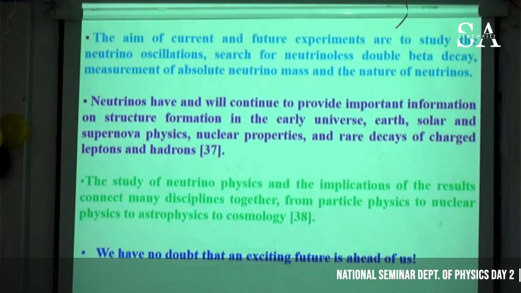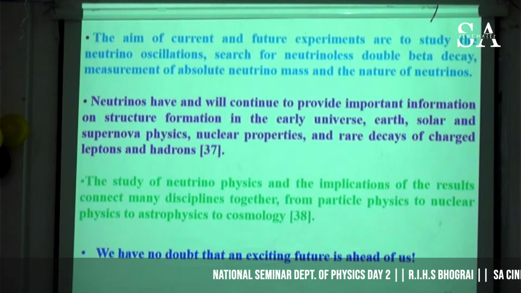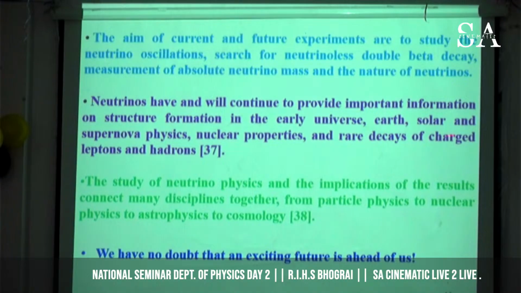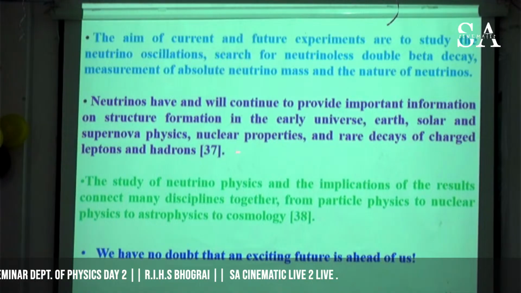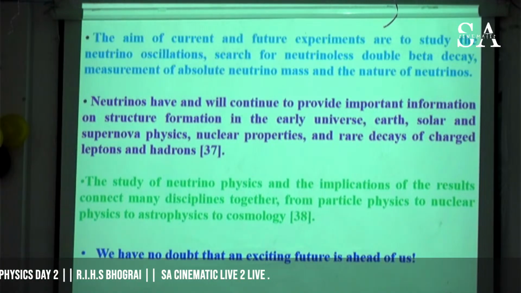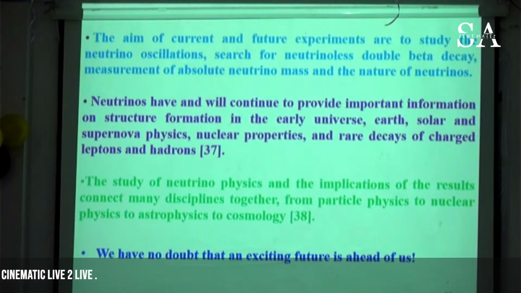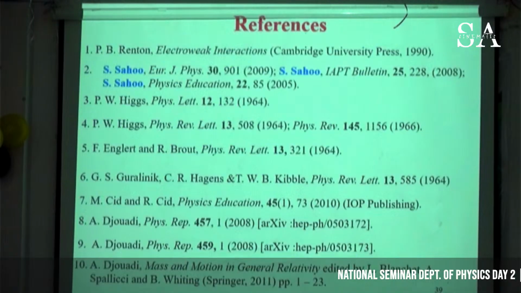So neutrinos continue to provide information regarding structure formation in the early universe, solar and supernova physics, nuclear properties, and rare decays of charged leptons. The study of neutrino physics combines particle physics, nuclear physics and astrophysics. Thank you.